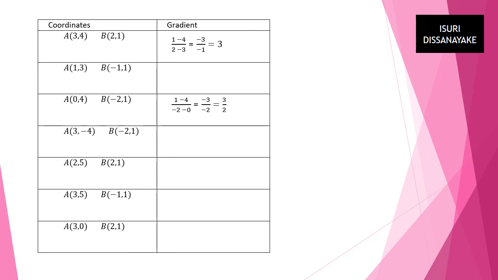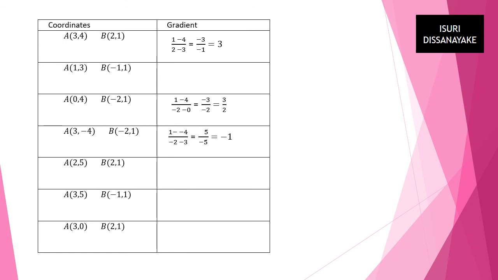You can write it as a fraction, 3 over 2. But don't write it as a mixed fraction. Keep it as an improper fraction. You can keep it as 3 over 2, and if you want, it doesn't matter, you can write it as 1.5 as well.